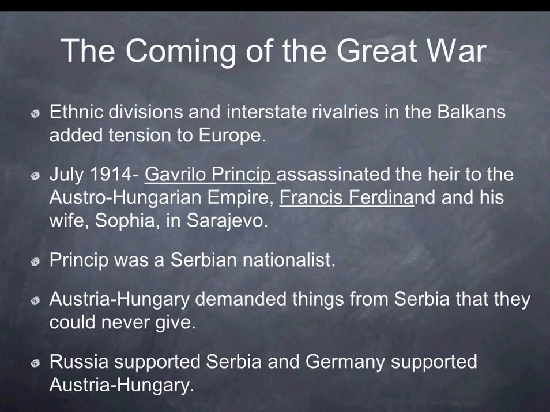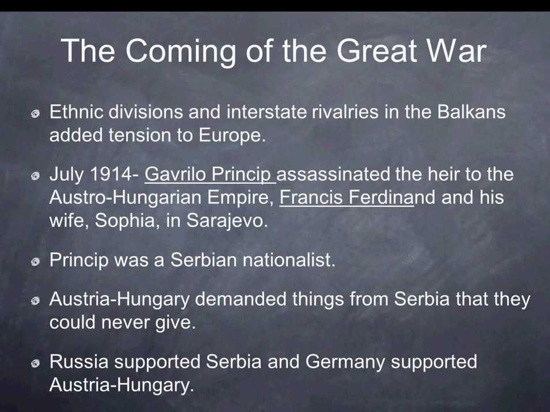Serbia is aligned with the Russians. The Russians believe that Serbia is their brother, fellow Slavs, and they warn Austria-Hungary that if they invade or declare war on Serbia, that they will mobilize and they will fight Austria-Hungary. What Russia doesn't know is that Germany is backing Austria-Hungary.